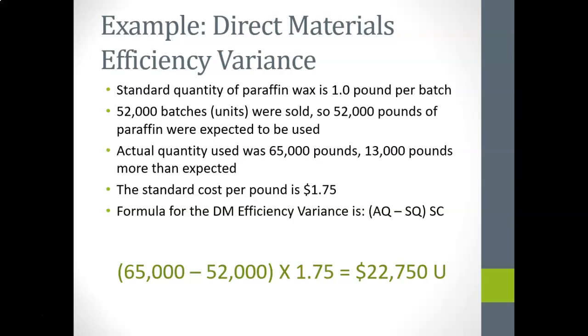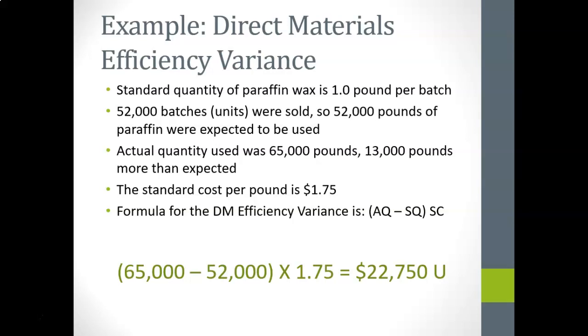We had 52,000 batches or boxes sold, so 52,000 pounds of paraffin were expected, 52,000 times 1 pound per box, okay? The actual quantity that was used was 65,000 pounds. We thought we would use 52,000 pounds, but we actually used 65,000 pounds, 13,000 pounds more than expected.